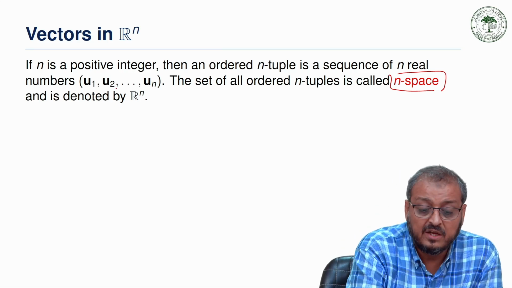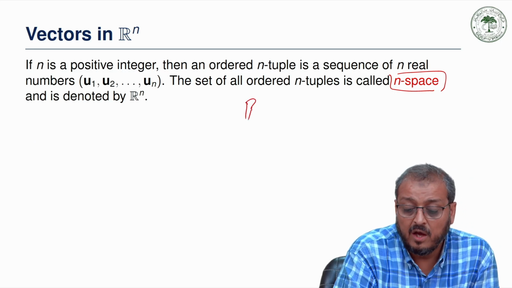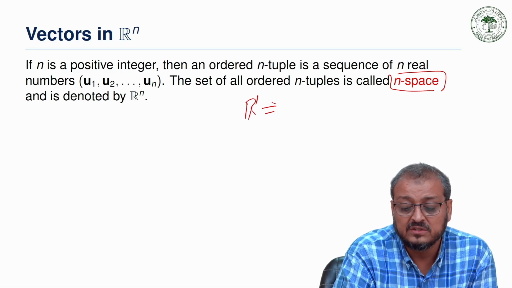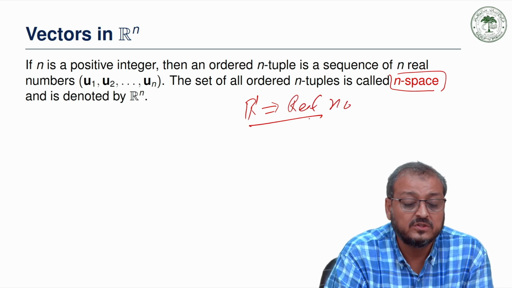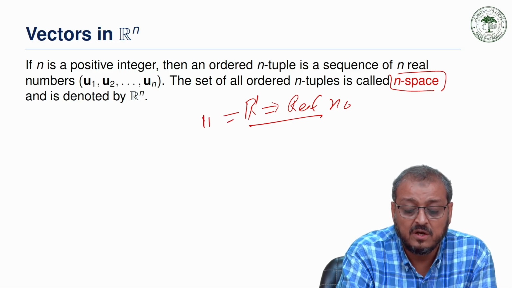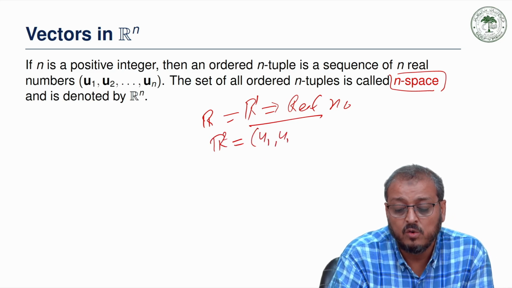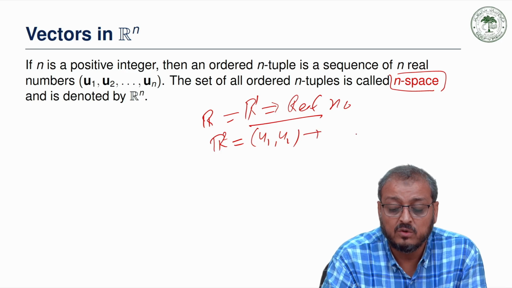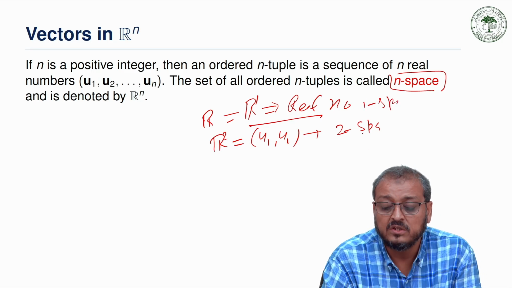For example, if we take n equal to 1, then R1 is nothing but the set of real numbers. The set of all real numbers is denoted by R, and R1 is simply equal to R. If we take n equal to 2, then R2 has elements u1 and u2, which are 2 tuples, so it is called 2 space.